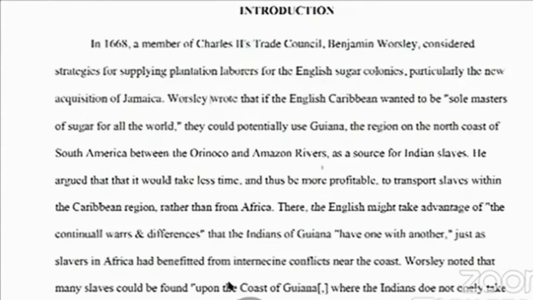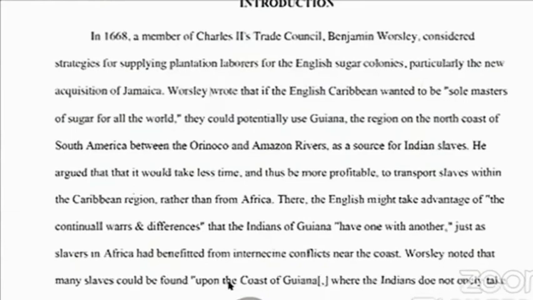They had just acquired Jamaica. They're going to set up a sugar plantation, and they're already planning to get their slaves not from Africa, but from the region on the north coast of South America between the Orinoco and Amazon rivers. This is in Guyana, as a source for Indian slaves, not Africans.